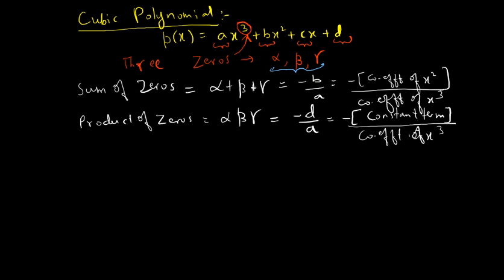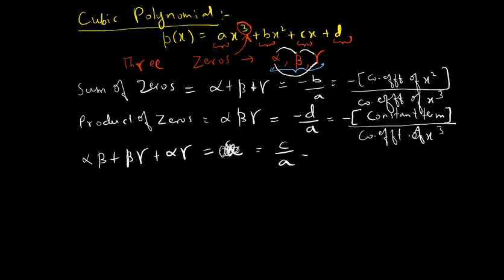When it comes to the cubic polynomial, you also have the product of zeros taken in pairs. First I take the product alpha beta, and beta gamma, and alpha gamma, and sum up. So alpha beta plus beta gamma plus alpha gamma is nothing but c divided by a. This is the formula.